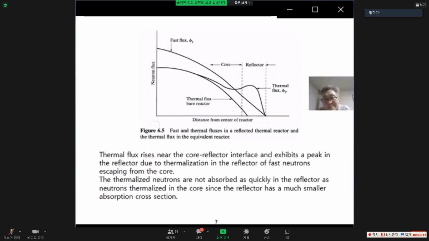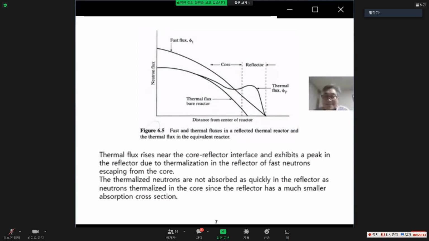So the second thing we can see is that there is a difference in thermal flux between the bare reactor and reflected reactor. And the third thing is that the difference is in the reflector region. In the center region, the thermal flux is the same. Only near the reflector region is the flux varying.